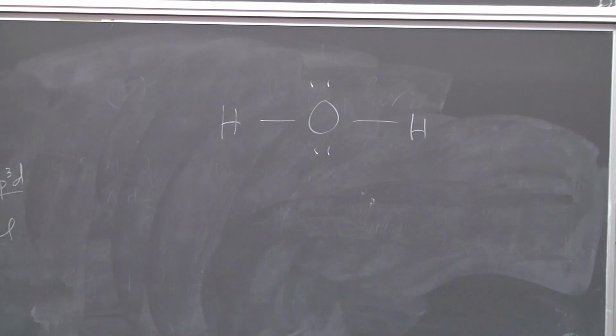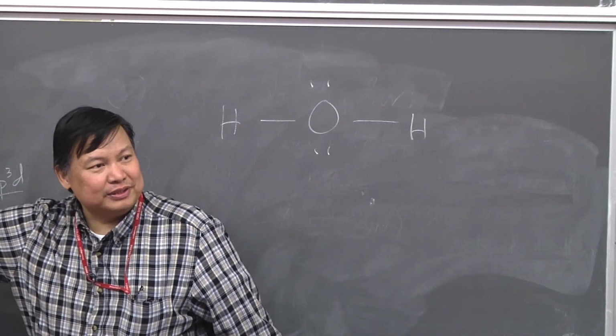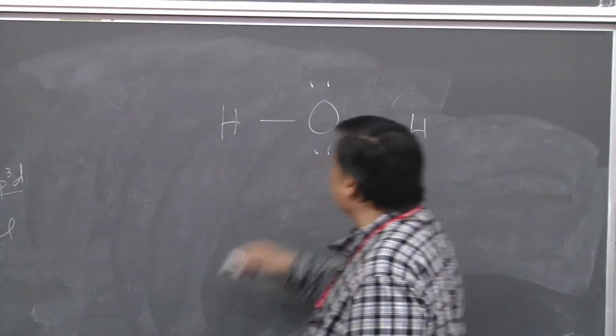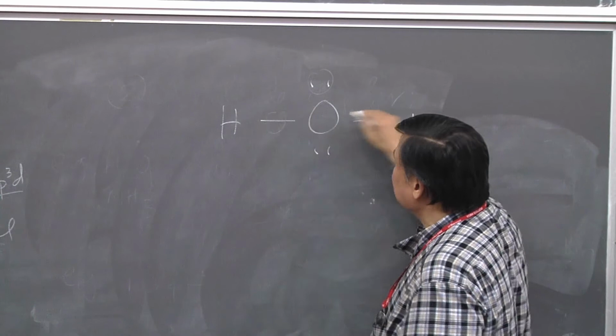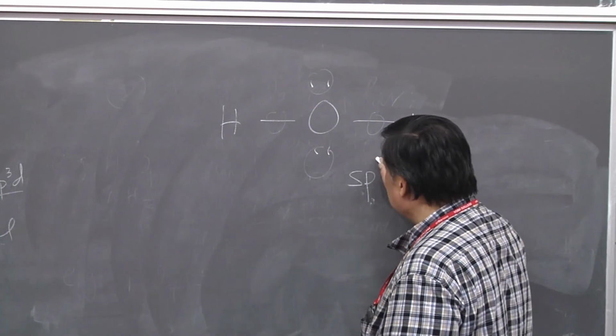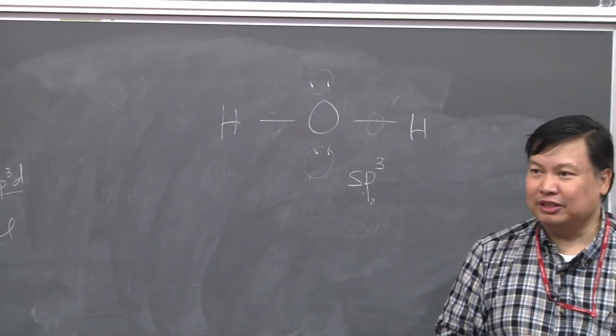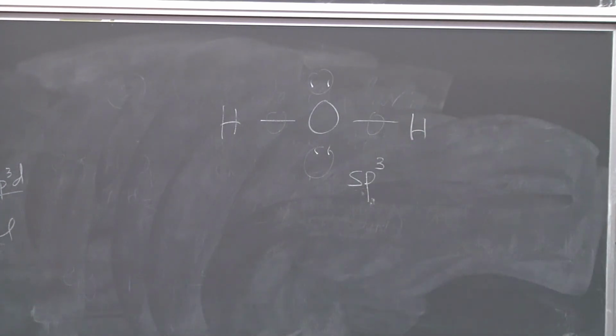The lone pair and the sigma are counted as hybrid orbitals. So now I have 1, 2, 3, 4. So it's sp3 hybridization. Good? Not too bad, right?